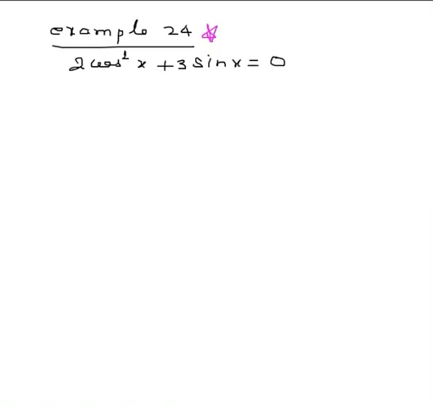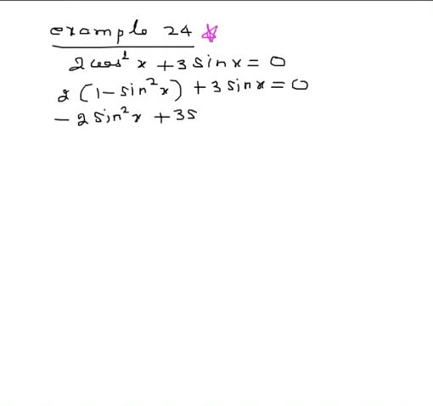Since the second term is in terms of sine, we will change cos square also in terms of sine, using the identity cos square x is 1 minus sin square x. Let us open the brackets. We get a quadratic equation in sine. Plus 3 sin x plus 2 equal to 0.